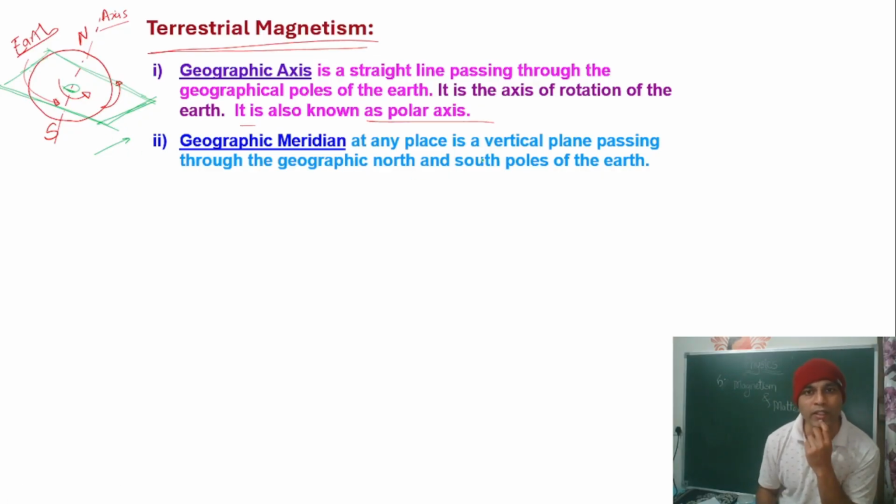So at any place, it is a vertical plane passing through the geographic north and south poles of the Earth. It can be this way also. Firstly, it is the Earth.